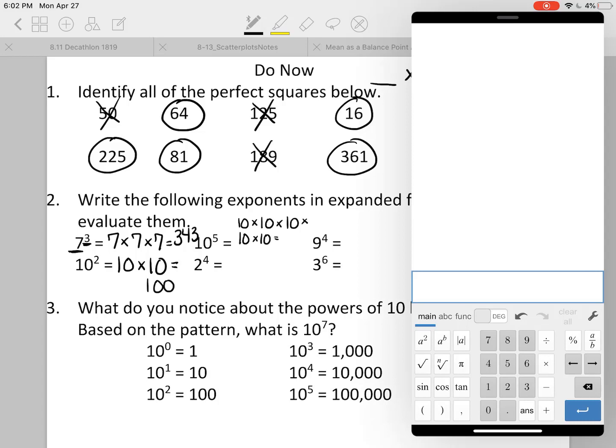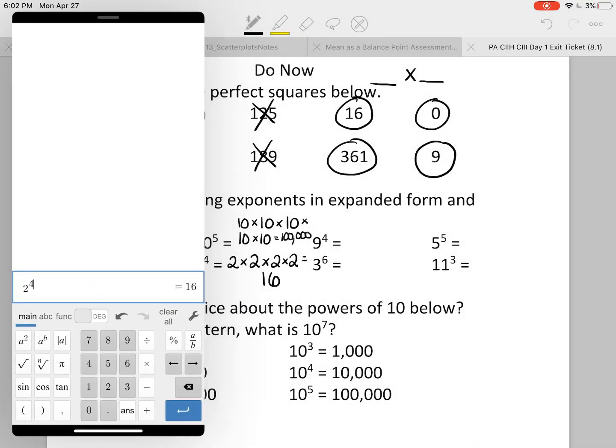So I've multiplied it 5 times. And 10 to the power of 5 is 100,000. 2 to the power of 4 would be 2 times 2 times 2 times 2. And 2 to the power of 4 is 16.